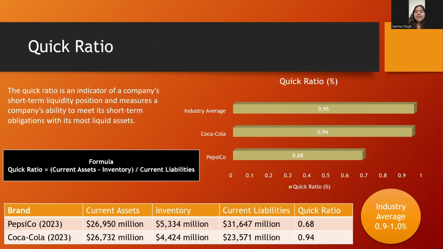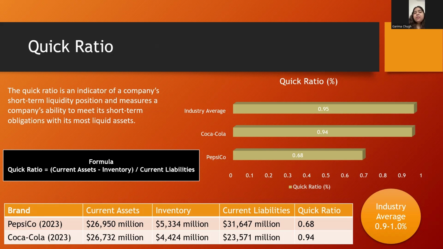Next is quick ratio. The quick ratio provides a stricter measure of liquidity by excluding inventory from current assets. So, to calculate it, we use the formula quick ratio equals current assets minus inventory divided by current liabilities.